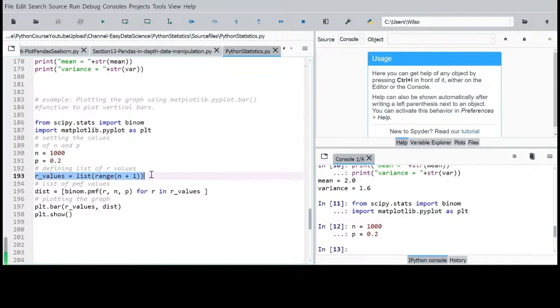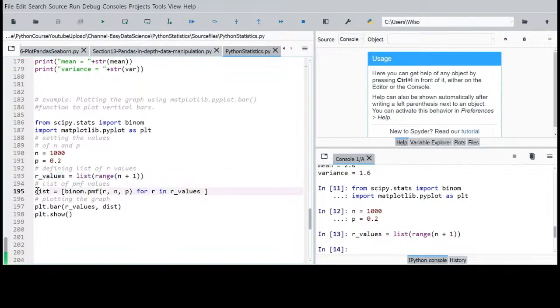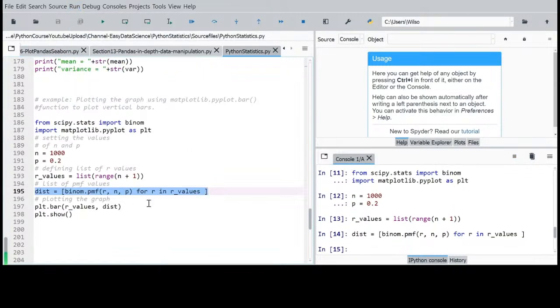And we define a list of integers from 0 to n. Next we calculate the probability for each random variable in this list, then put it in a list same as before. So this list includes 1000 items.